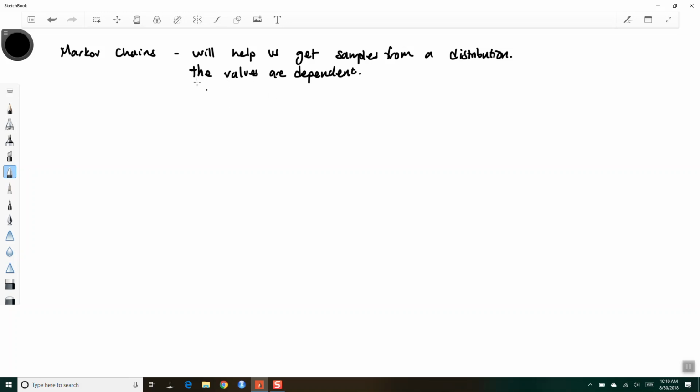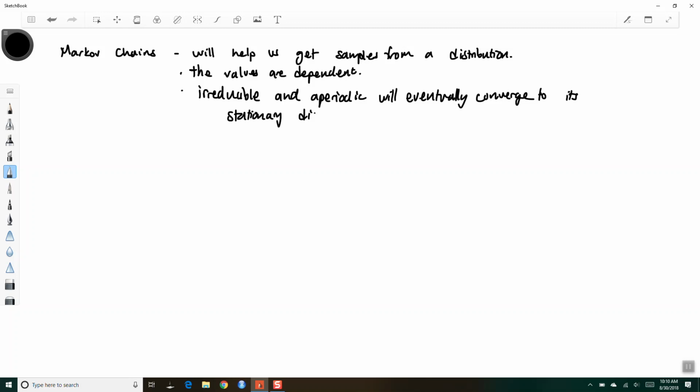The values are dependent, and irreducible and aperiodic chains will eventually converge to their stationary distribution, and this is with probability 1.